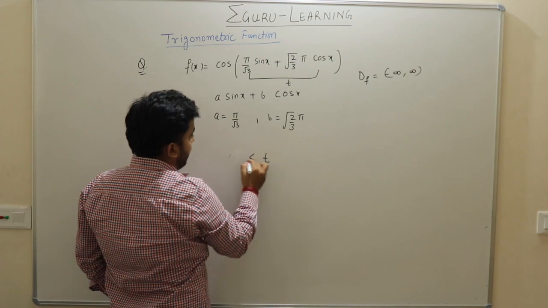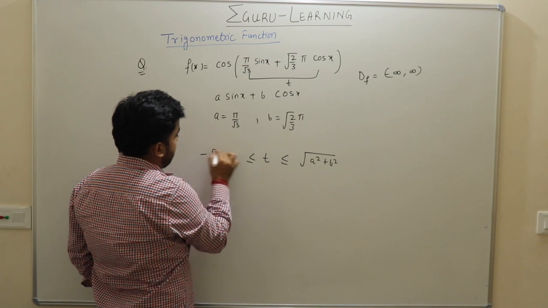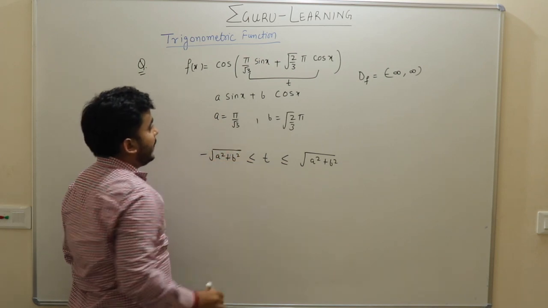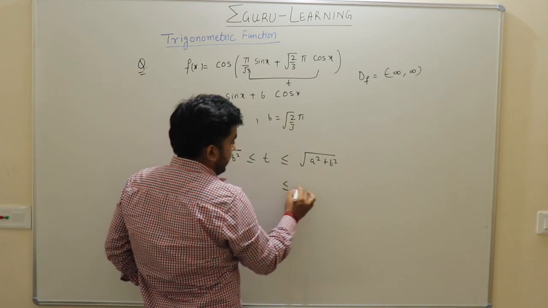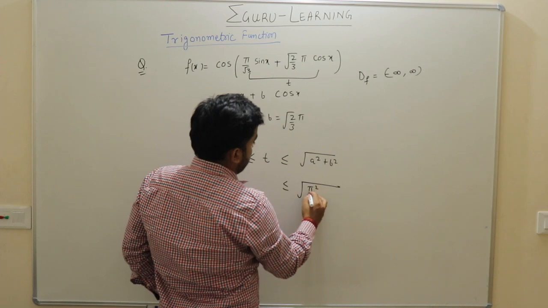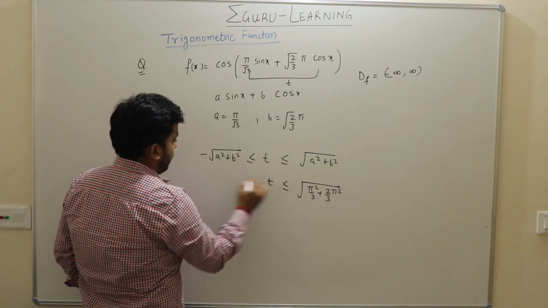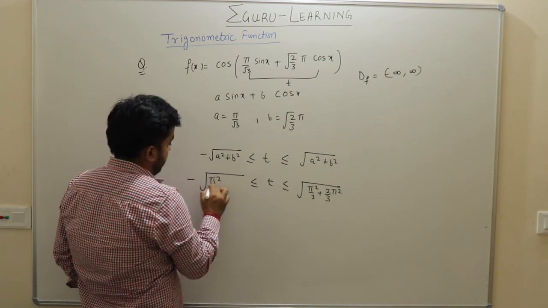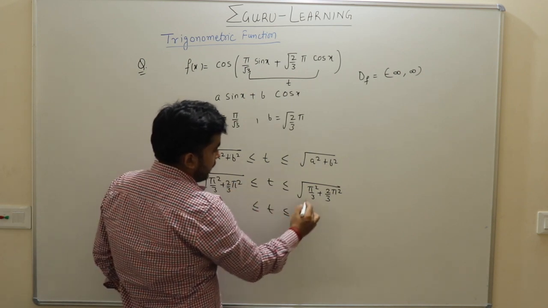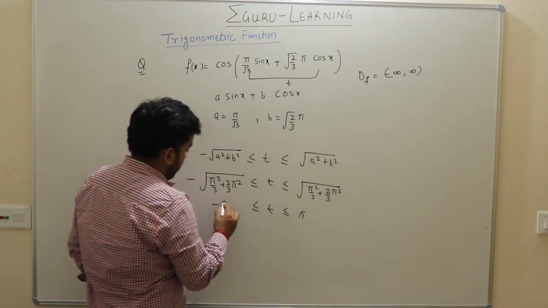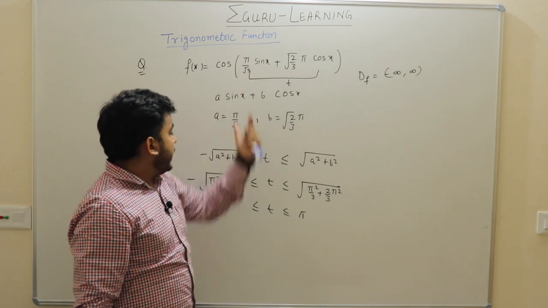So t would lie between root under a square plus b square and minus root under a square plus b square, where a is pi by root 3 and b is root under 2 by 3 pi. So that would be pi square by 3 and this is 2 by 3 pi square. Same here with negative, so pi square by 3 plus 2 by 3 pi square, which is pi square, so this is pi and minus pi. So we have t going from minus pi to pi.